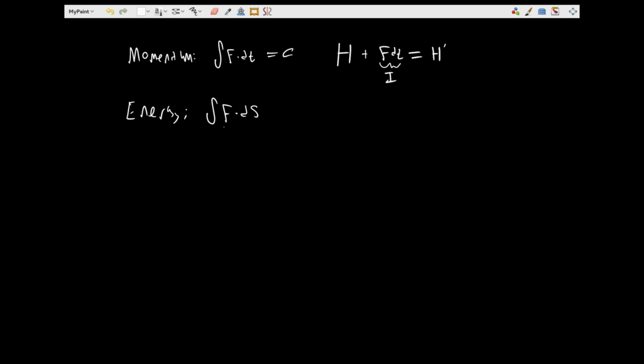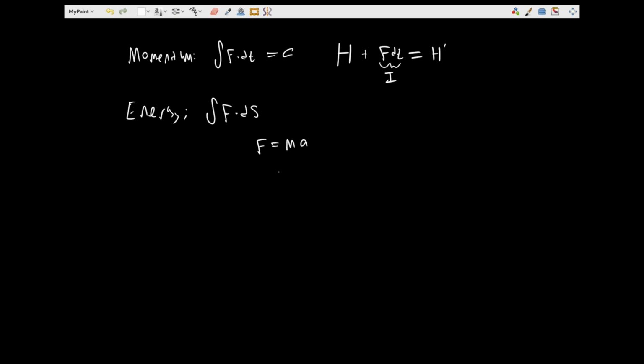Energy is the integration of a force along a distance. So a dot product of some force; we can take this even as being a vector, but in this case we're going to be doing the scalar form of it. We know from Newton's second law that F equals m times a.